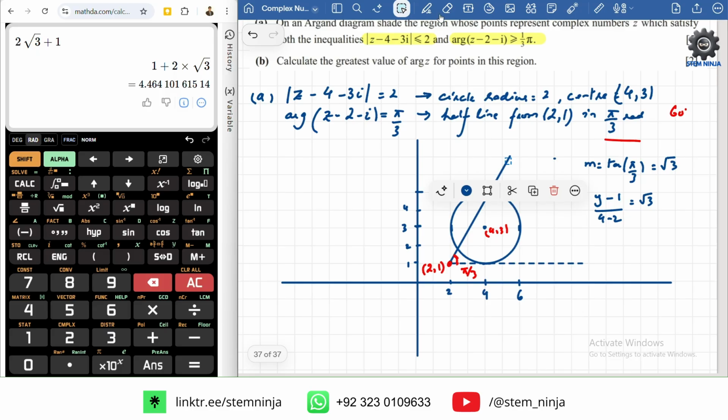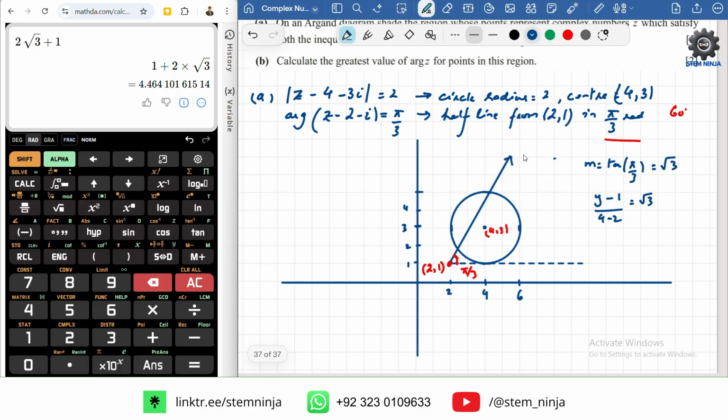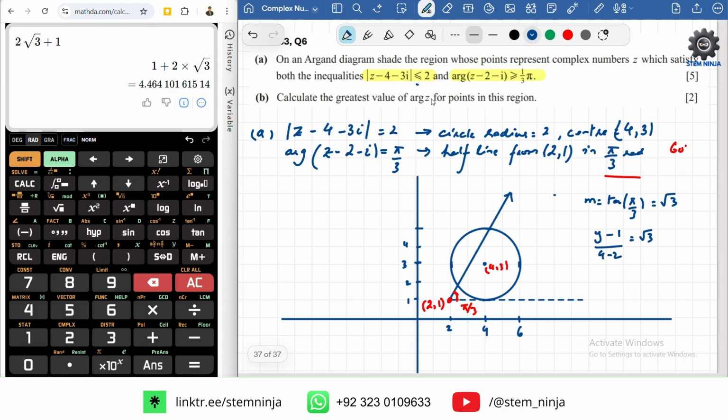Okay, now since we have spent a lot of time in sketching, we have to work with the shading part. So this region, modulus z less than 2, means this entire circle region, right? So you can draw that. And argument z greater than pi by 3 means specifically which region?